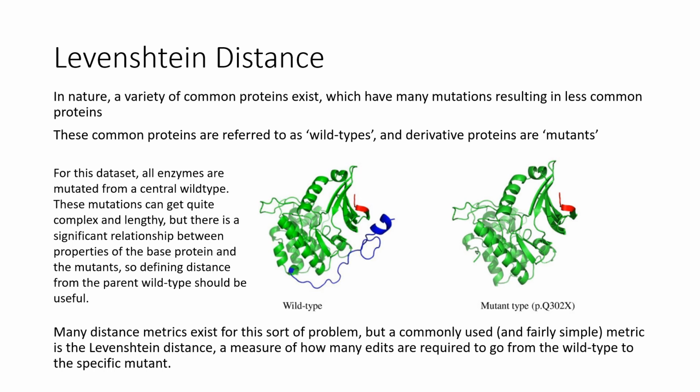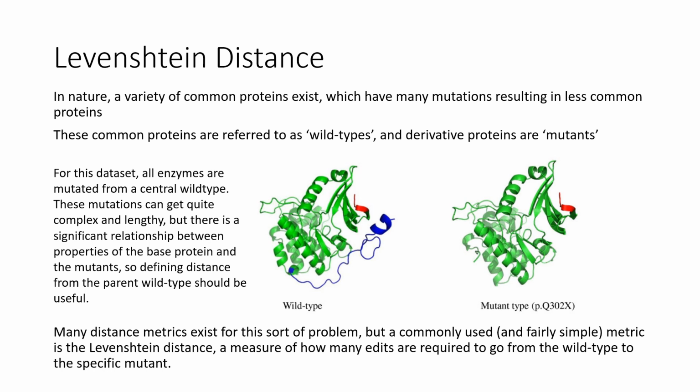So essentially, in nature, there's some consistent structures for proteins, for enzymes, and then there's a lot of mutations from those common structures. The common structures are called wild types, and the mutated structures are called mutants.